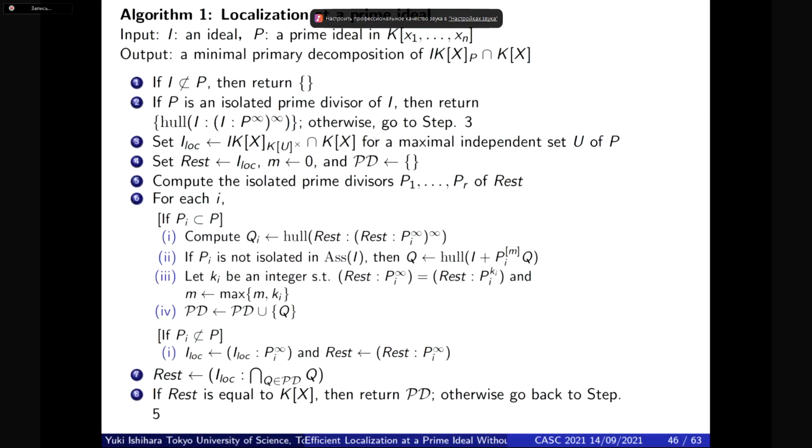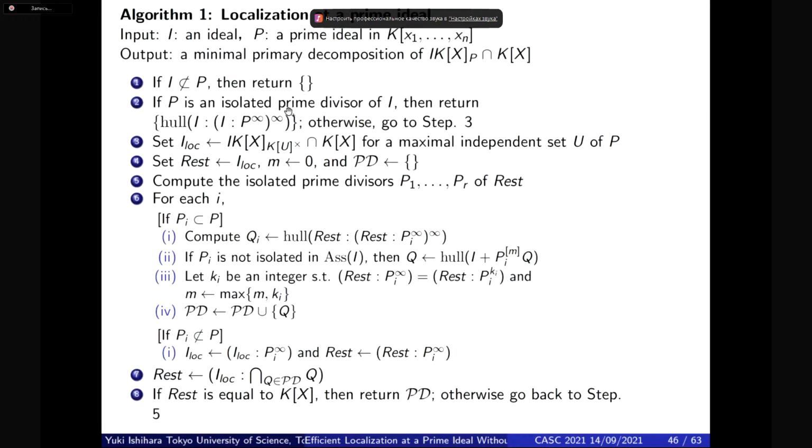So here is a detail of my algorithm. First, check whether I is contained in P or not. And if P is an isolated parameter divisor of I, we can check this condition by using the double saturation.